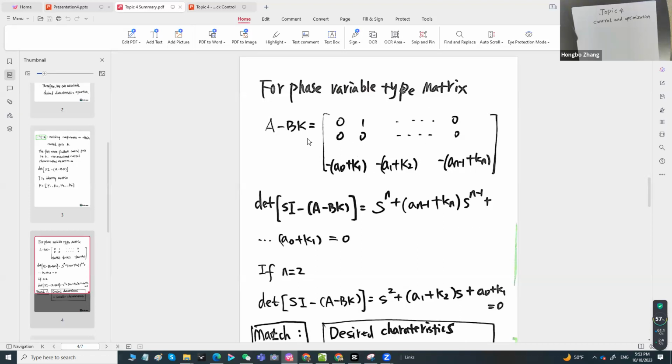For phase variable, the last row is non-zero, okay? The control gain K is also the last row. Actually, we can draw a flow diagram. You can make it very clear, it should be the last row, okay? So here, just a small quiz for control.